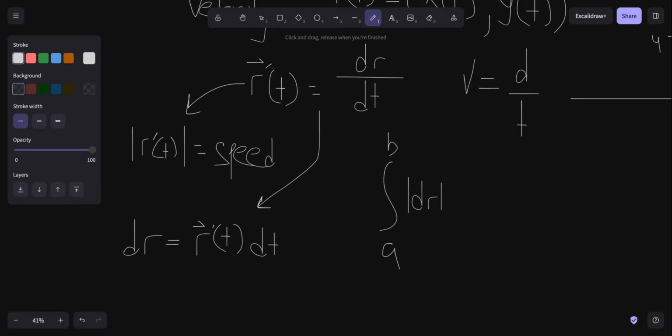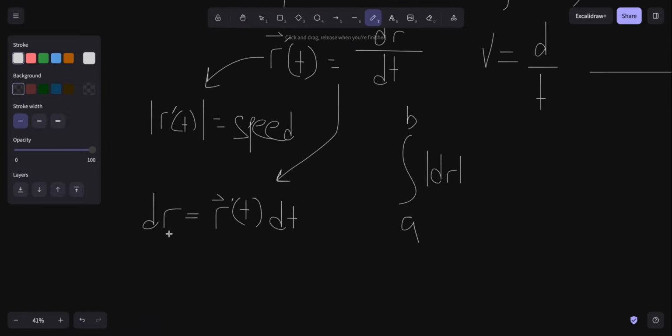Okay, so it's like we multiply both sides by dt. This isn't a rigorous thing, and if you want me to make a video on differentials, feel free to comment below. But this is the differential for dr, and then if I take the magnitude of dr, I would have to take the magnitude of my velocity vector. Because dt is just a tiny change in time, and r prime of t gives me some kind of vector quantity.